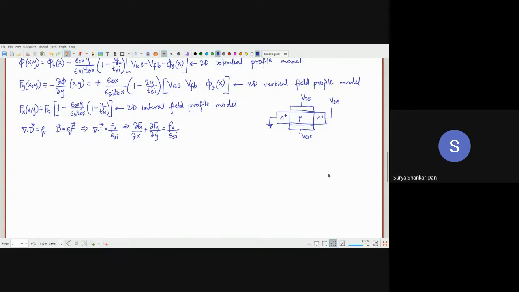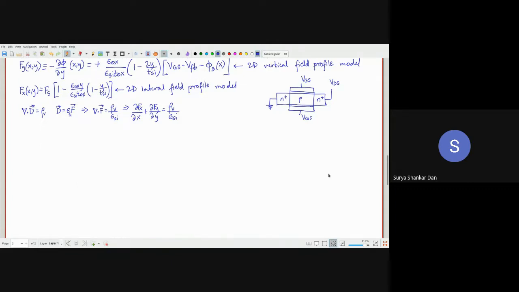Once we have these terminal potentials and the dopings, this P is basically Na, the doping. Whether it is small or big, how small and with respect to what, all those things we will calculate later so that you understand the physical feel of it.